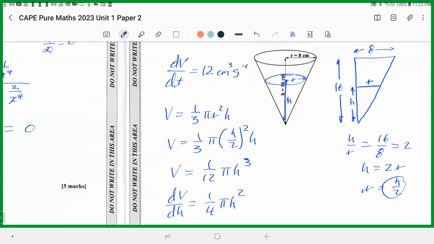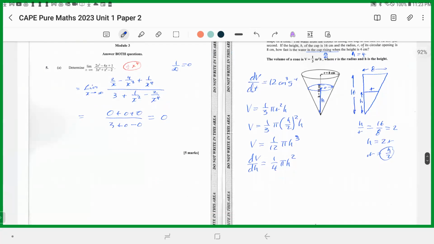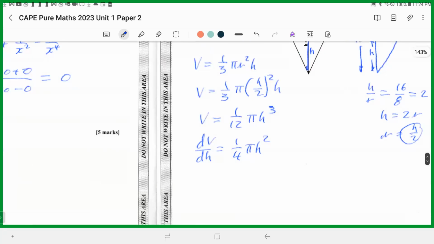We're going to need to connect these two rates of change to get what we want. But what do we want? We're required to find the rate of change of the height, dh by dt. That's the rate of change of the height of the water.